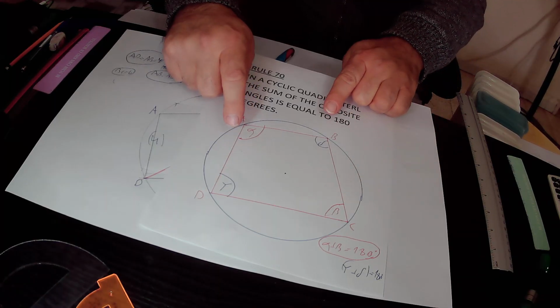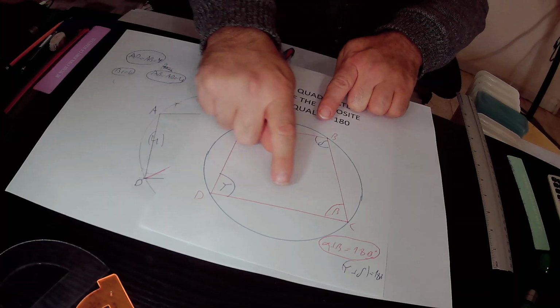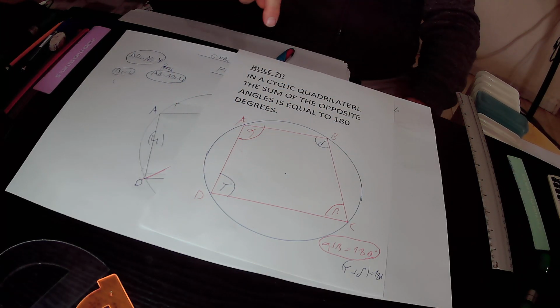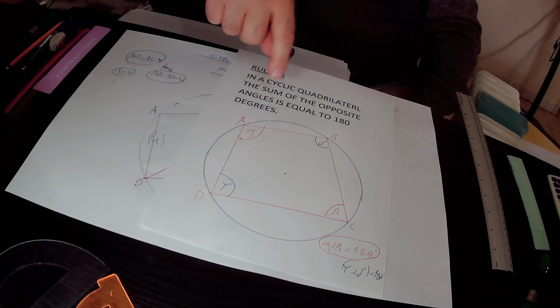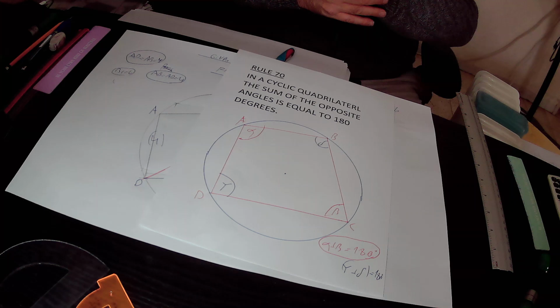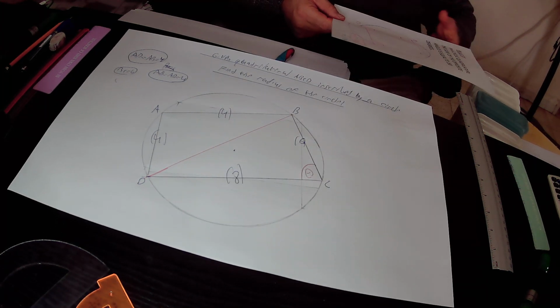Likewise, the sum of those two opposite angles is also equal to 180 degrees. That is to say, gamma plus delta also equals 180 degrees. Because this quadrilateral ABCD is described by this circle, the sum of its opposite angles is equal to 180 degrees. So you can implement Rule 70 in our drawing.